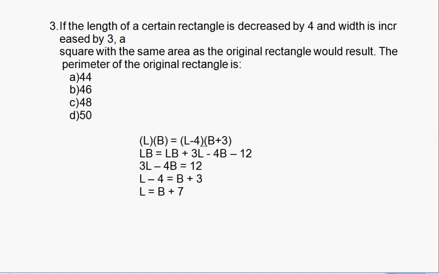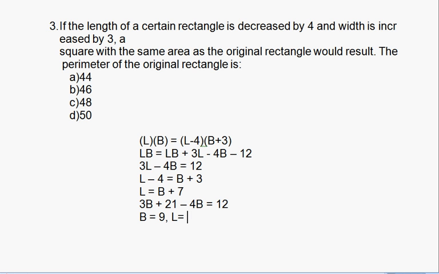And we would get 3 times B plus 21 minus 4 times B equal to 12, right? Solving this, we get B is equal to 9 and L is equal to what?